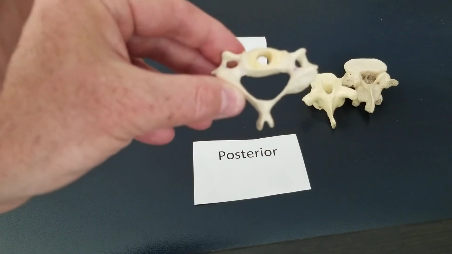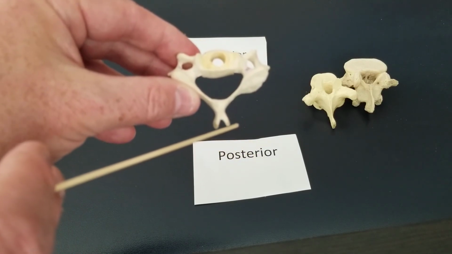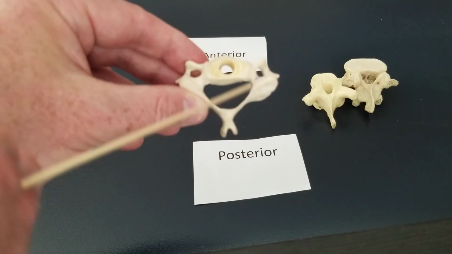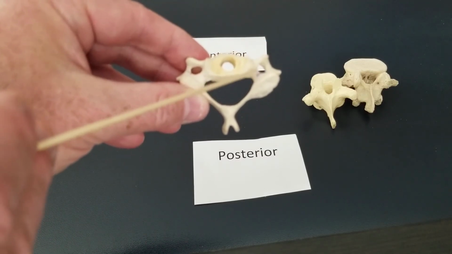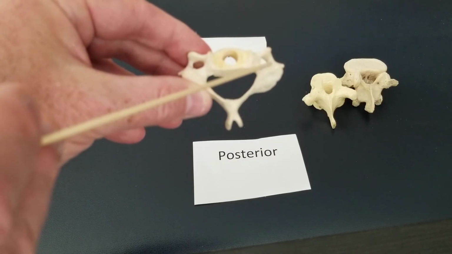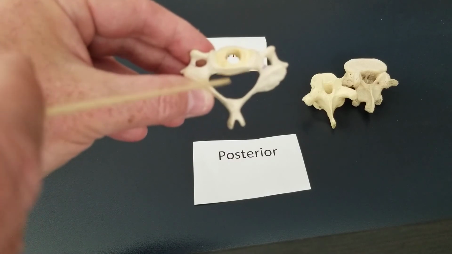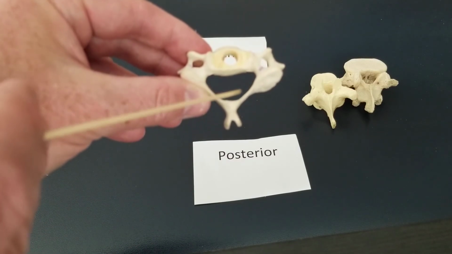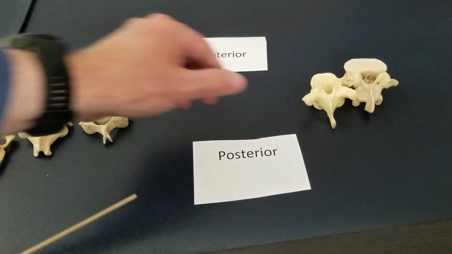So again, this is anterior, where my marker is now, and this is posterior towards the back. Okay, so again, body. One thing I failed to mention, there's the pedicle, which goes between the body and the lamina. Okay, so in the vertebral canal. So that's a cervical vertebrae.